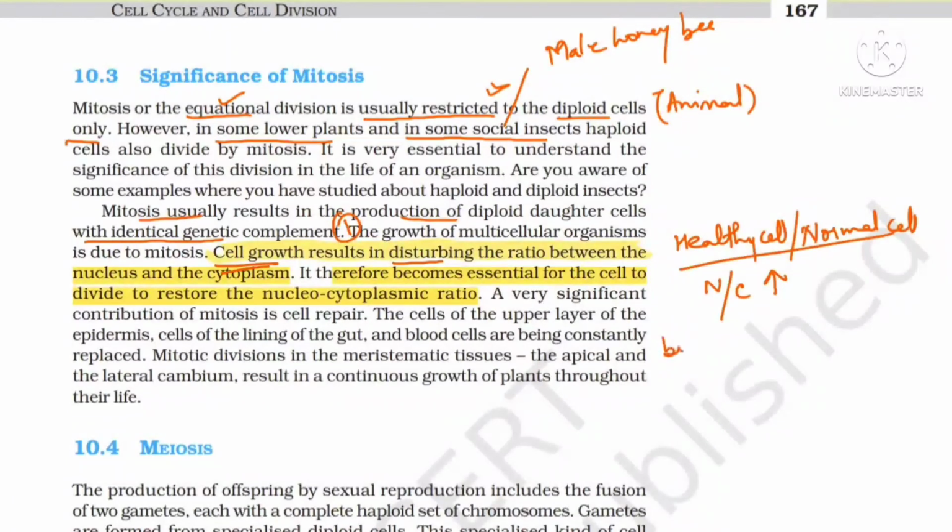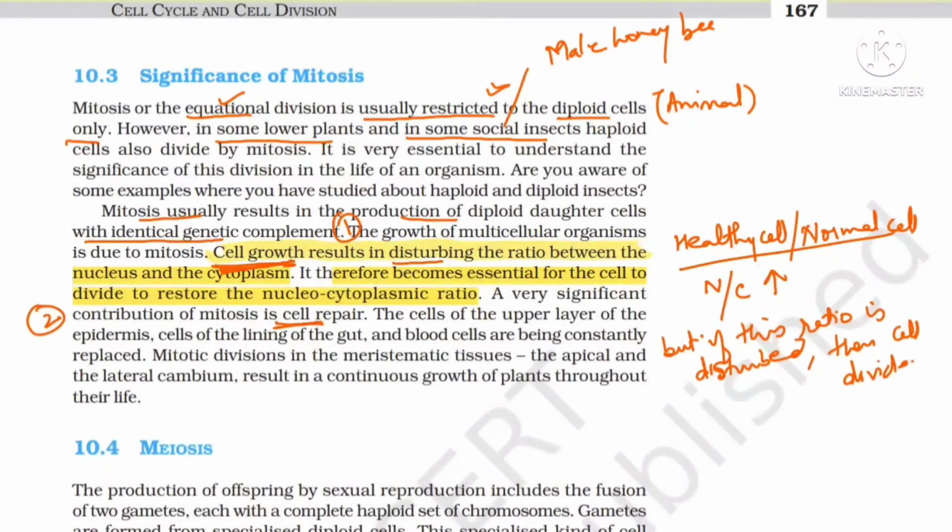But if this ratio is disturbed, why will this ratio be disturbed? Because of the cell growth. Cell growth means cytoplasmic growth. We have already studied cytoplasmic growth. Then the cell divides. Is it clear?